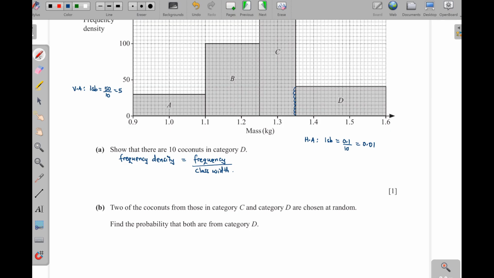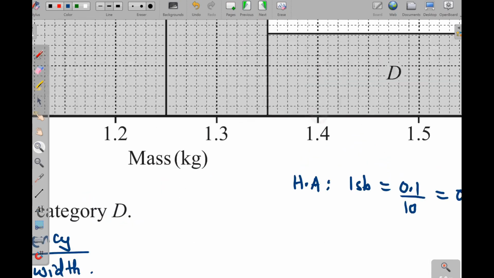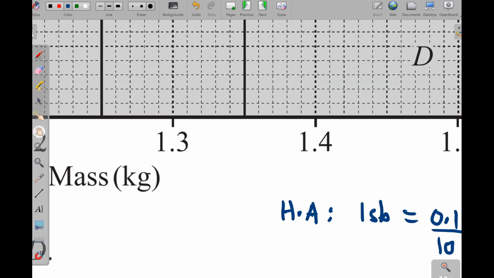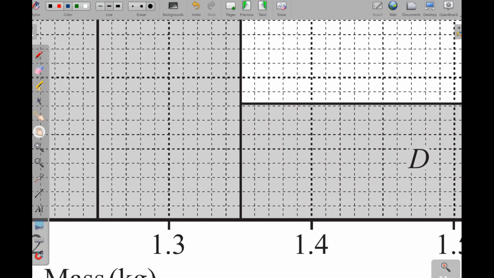What do I mean by a quarter? Let me zoom again. Could it be a quarter? Because a half will be here. So how about this one, which is slightly above? Can we say that is maybe 0.2?